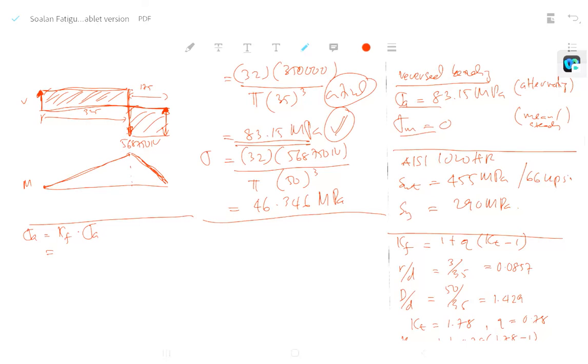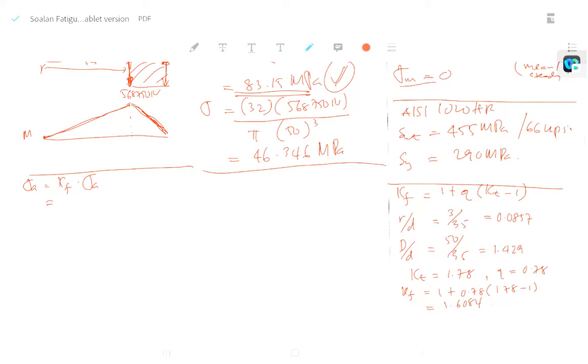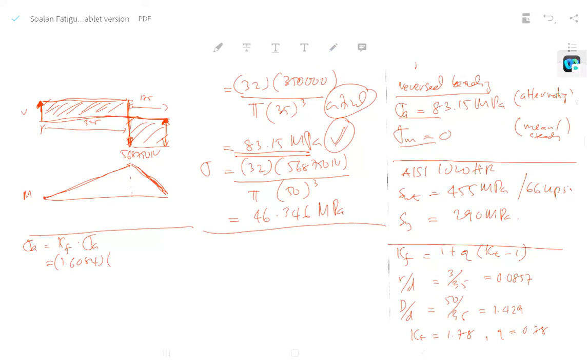So 1.6084 times 83.15. So this sigma m is 0 because KF times sigma m is equal to 0. So you will get 133.74 megapascal.